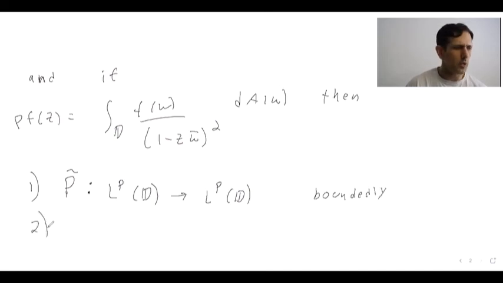Okay, so 2. Well, certainly if P tilde is bounded, then fairly trivially we prove that this is bounded from L^p to L^p. But we don't want just that. We want that actually Pf, when f is in L^p, is a holomorphic function. So it actually takes L^p to A^p.